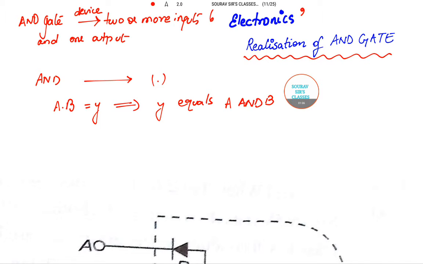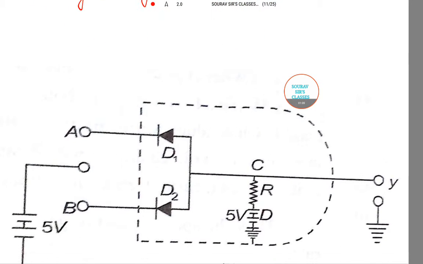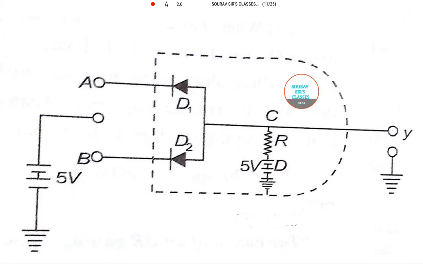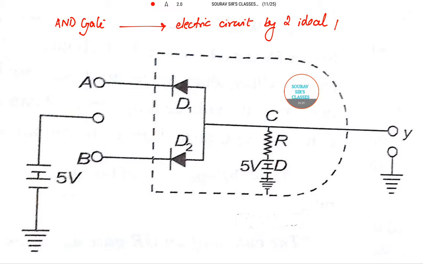Now, the AND gate can be realized by an electric circuit by using two ideal PN junction diodes, which are given by D1 and D2.